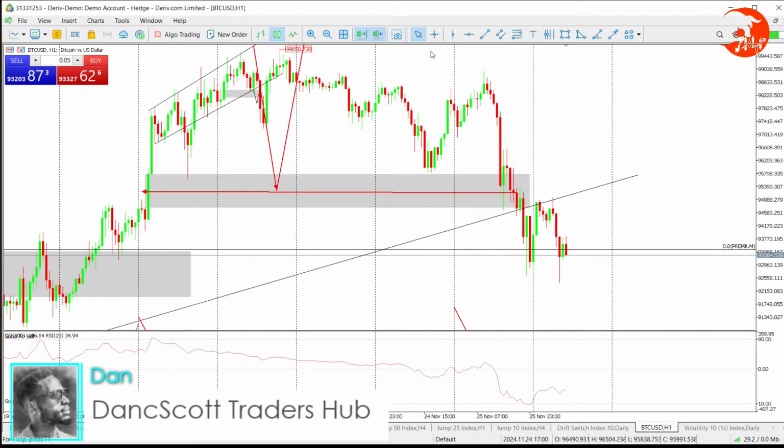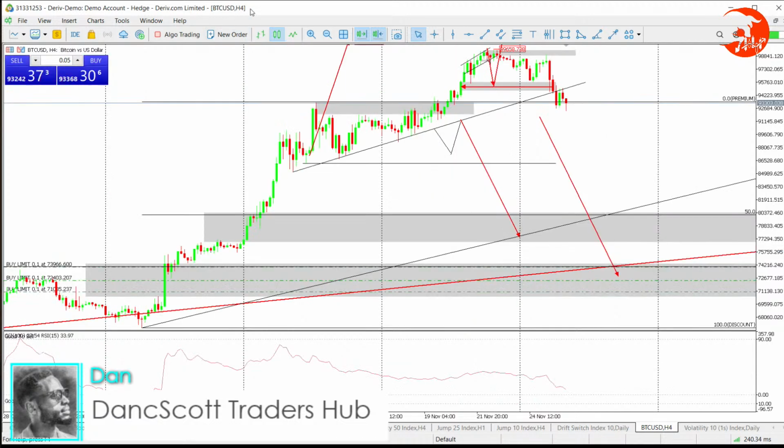After reaching that high, we clearly saw that we started to have some kind of resistance on that very level, and I can use this over here as my resistance level on H1.